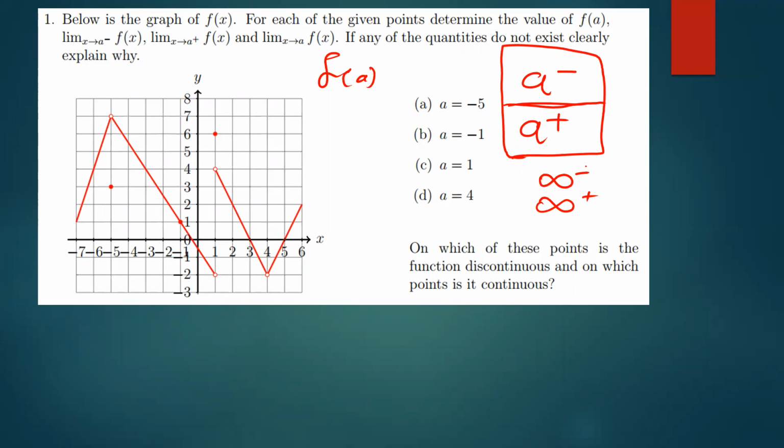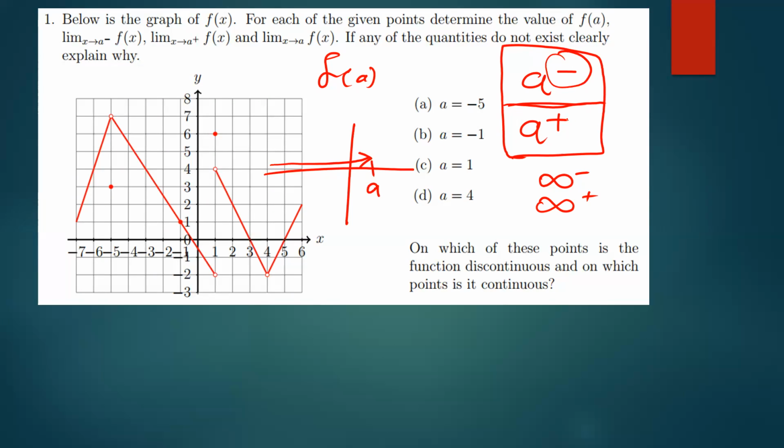Let me take some time to explain what this means. If you have a small negative there, on the XY plane, it means you are approaching this point A from the negative side.